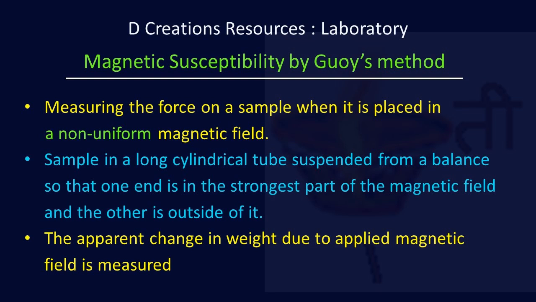Now, paramagnetism is caused by the presence of unpaired electrons in the material's atoms or ions. These electron spins basically act like tiny magnets that align with the external field. So there's a net attraction. That's why paramagnetic materials have a positive susceptibility. That means chi is greater than 0.